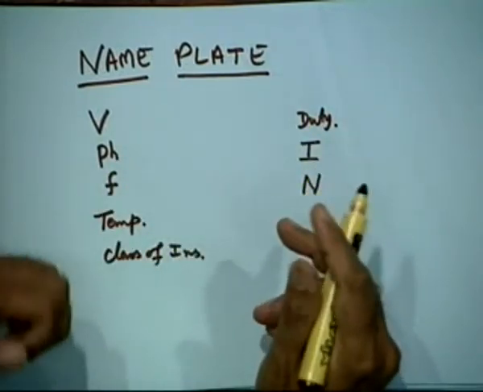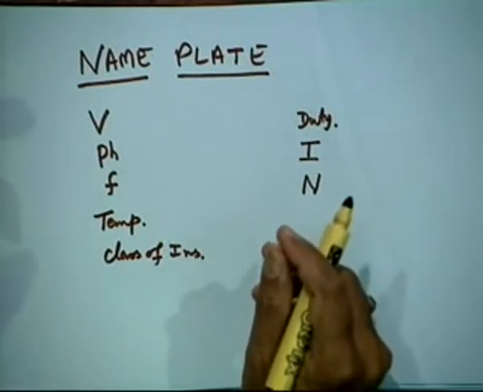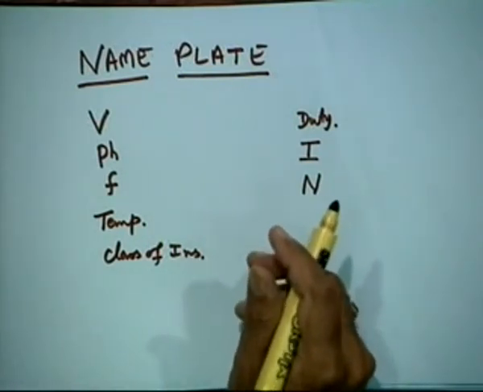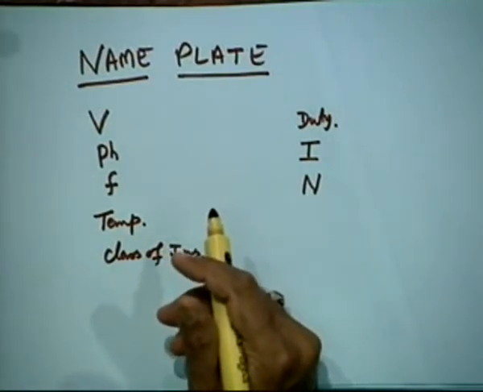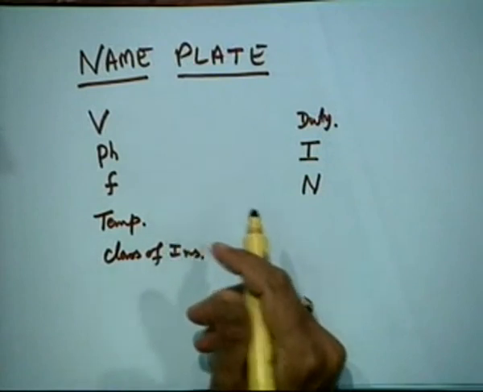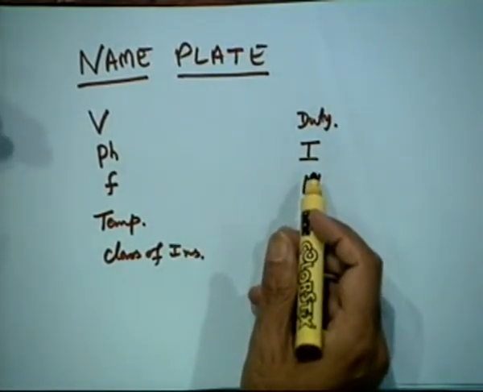It doesn't mean that you have to operate all the time at this value, but you must take care that it doesn't exceed a limit. Short overloads are possible, a little more voltage, a little more current, but if it is rated for 5 amps, you can't put 10 amps for 1 hour or so, right. So that is the limitation.